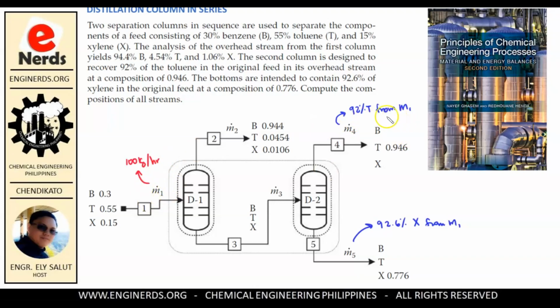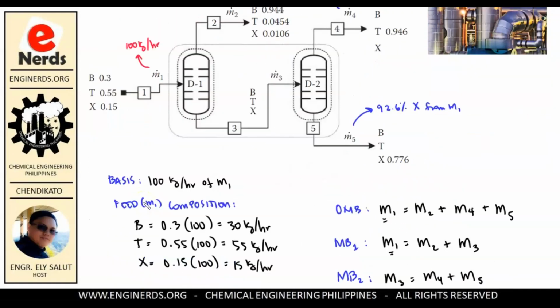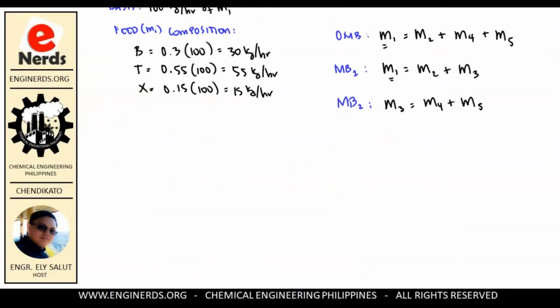And we know that 92% of toluene should be here in our M4 because this process is designed to produce 92% of toluene coming from our feed. So, knowing that, let us determine the amount of toluene in our M4. Okay? So, anong information meron tayo dyan?